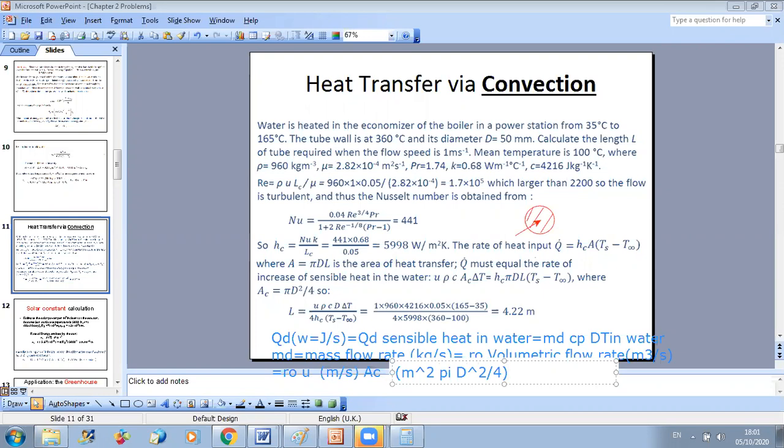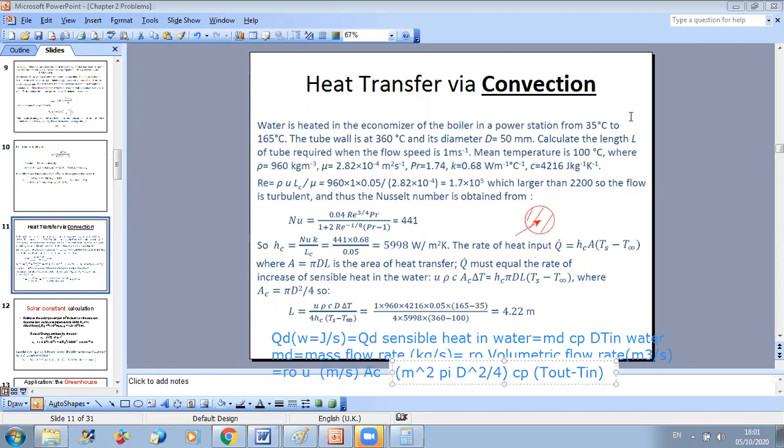Now times Cp delta T. Delta T of water is T out minus T in, so I replace by 360 minus 35.